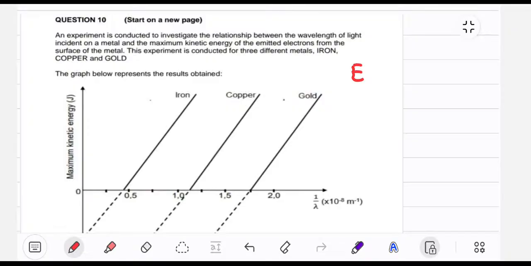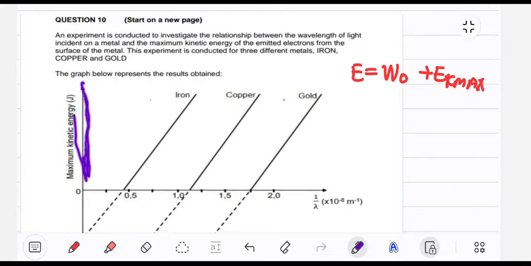First, the standard formula, and then I would play around. I'm aware my Y is maximum kinetic energy. So solve for maximum kinetic energy by transposing W naught to the side.